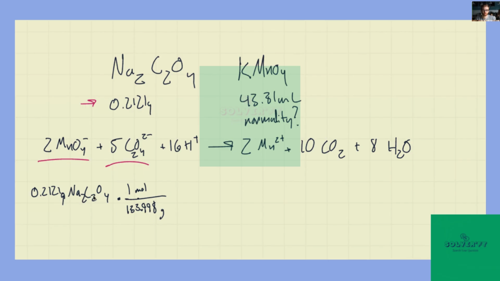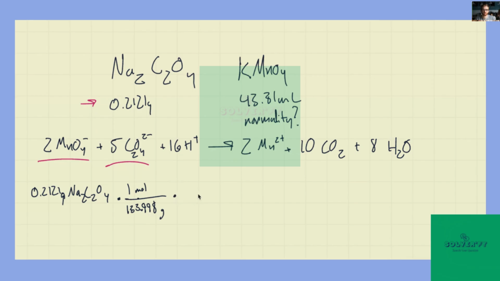I'll just keep calling it carbonate, but same idea. Okay, so this is the molecular weight, right, which tells us that we now have units of moles of sodium carbonate. Okay, well, we want moles of potassium permanganate, so we're going to use this factor here to convert our moles of sodium carbonate into moles of permanganate, right?